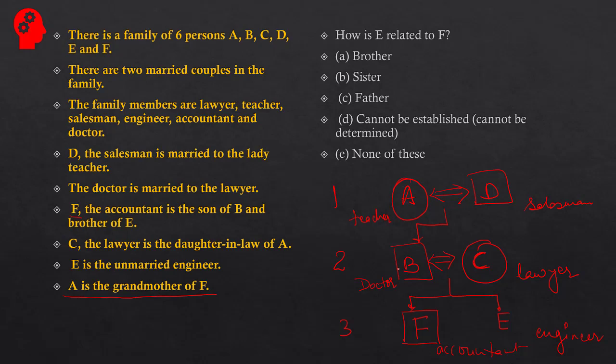Brother or sister, I cannot say. Father is definitely ruled out. E and F are in the same generation, but on the basis of given data, we cannot conclude the gender of E. So how is E related to F? The best answer here could be cannot be established or cannot be determined on the basis of given data.